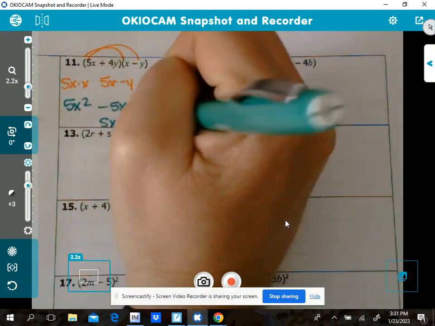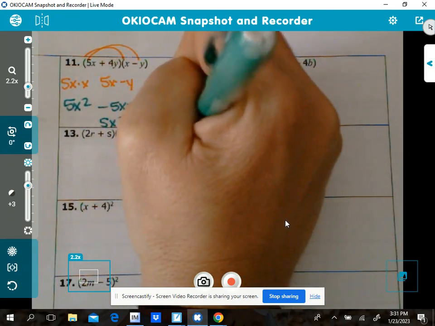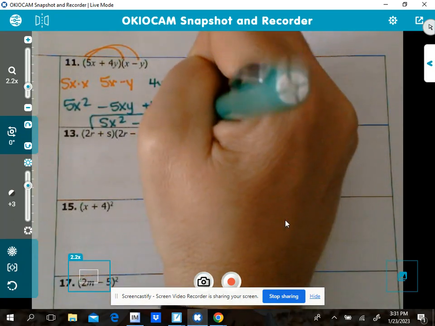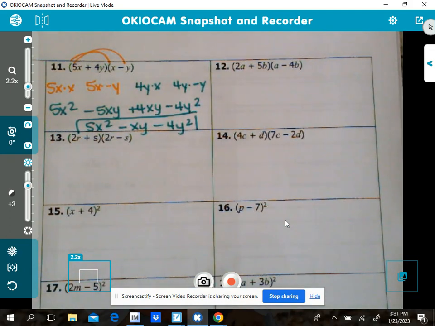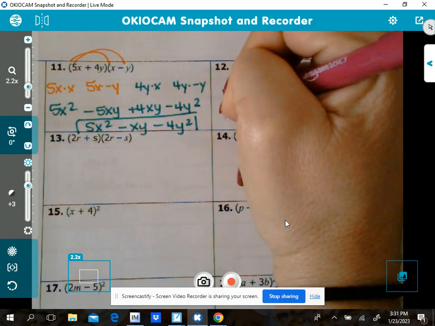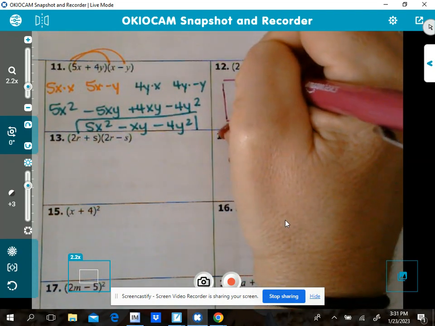So I do combine those, which gives me 5x squared minus 1xy minus 4y squared. But again, we don't see a whole bunch of those, so just kind of covering it in case you see it.